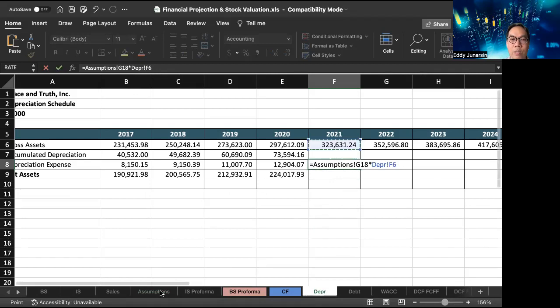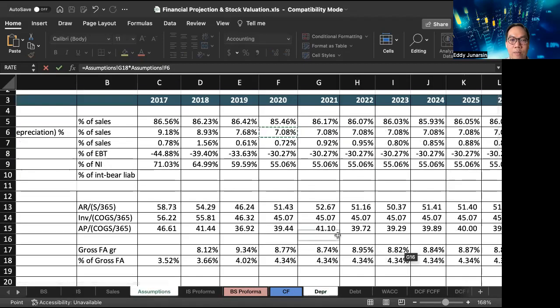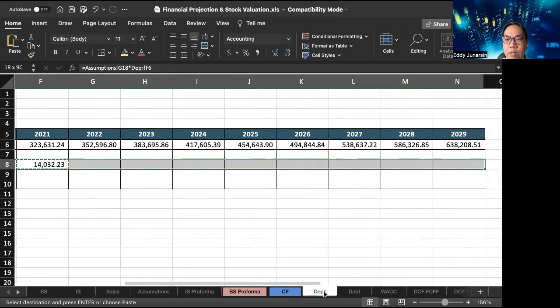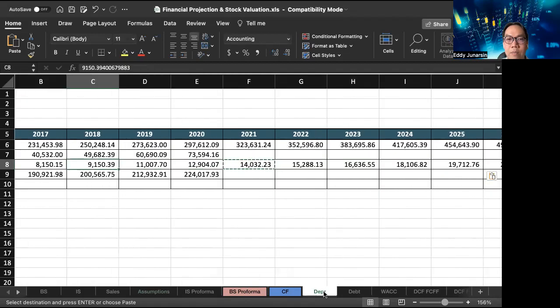All right, so once again it's 4.34%, the projected depreciation rate in 2021, 434, divided by the projected gross assets in 2021. So same thing here, we make copying and pasting.